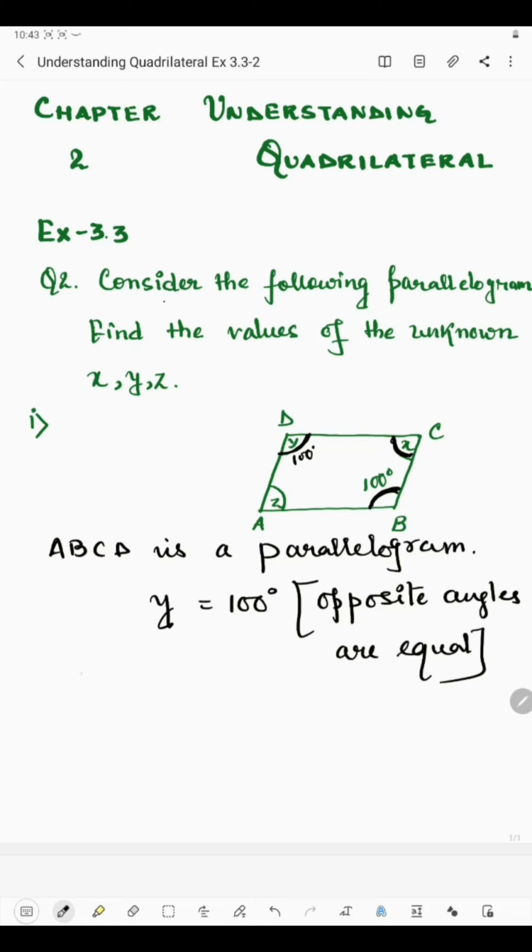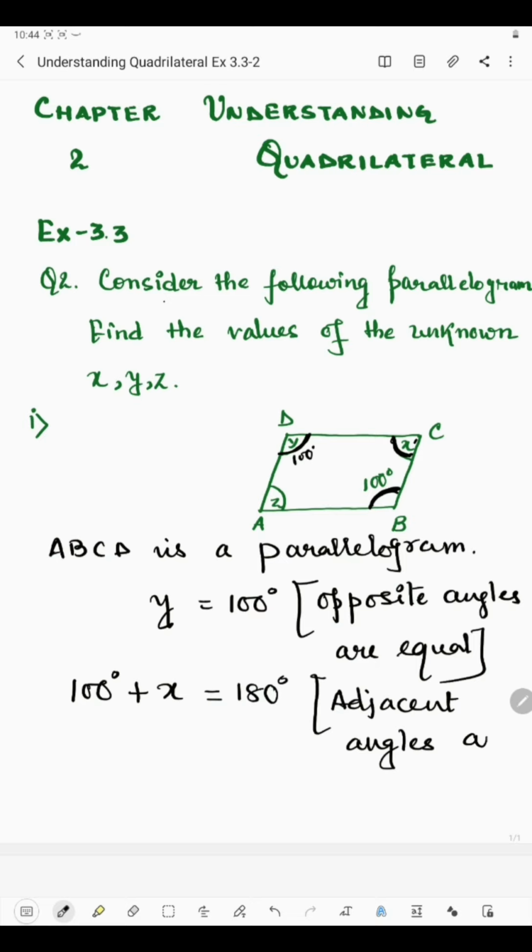So here 100 degrees plus x, these two are adjacent angles, and the sum of adjacent angles is 180 degrees. So we'll write the property here: adjacent angles are supplementary.